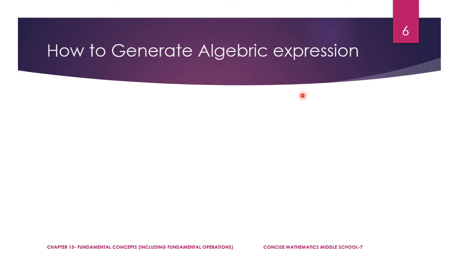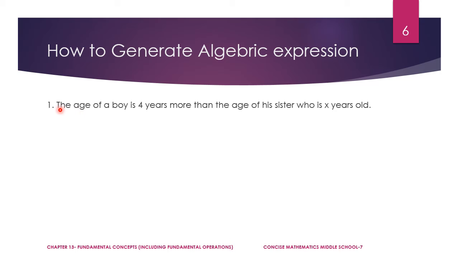How to generate an algebraic expression from a statement. You can generate an algebraic expression from a statement. It will be helpful for you in further studies. The age of the boy is 4 years more than the age of his sister, who is x years old.